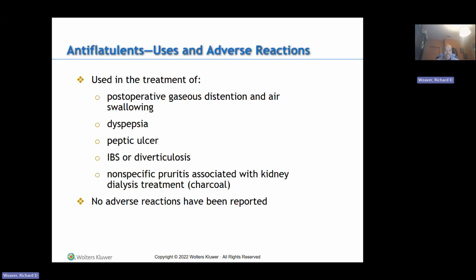Now, in addition to its use for the relief of intestinal gas, charcoal may also be used in the prevention of non-specific pruritus or itching that is associated with kidney dialysis treatment, and also as an antidote for poisoning. Patients who are on dialysis because of CKD, all the toxins build up in the system, and not the jaundice, but essentially the uremic frost.